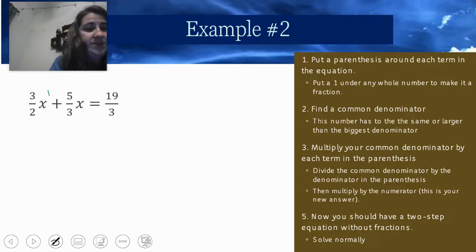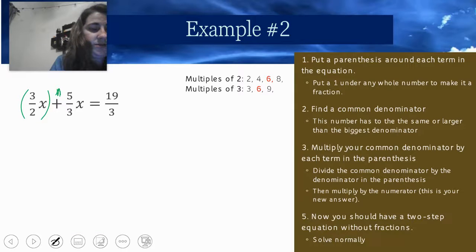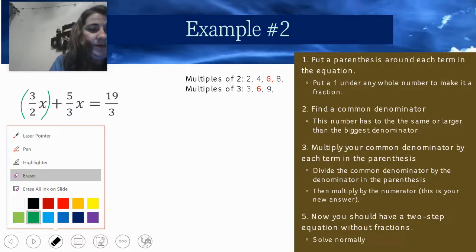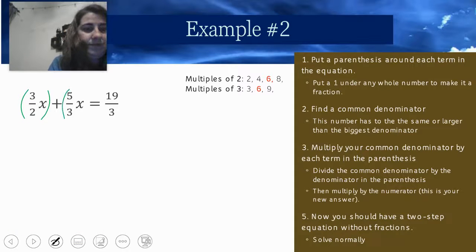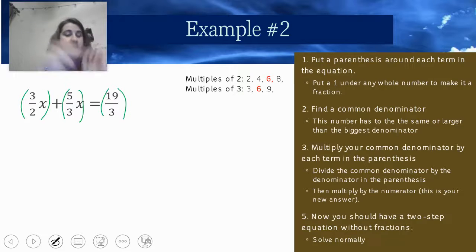I'm going to draw parentheses around each term. And I'm not actually going to include the plus or minus. Here, I need to find my common denominator, so I already did my multiples.